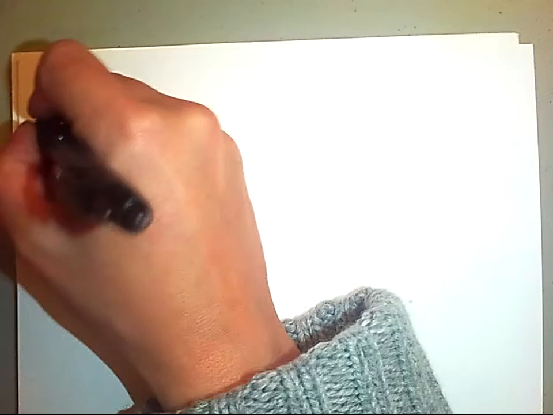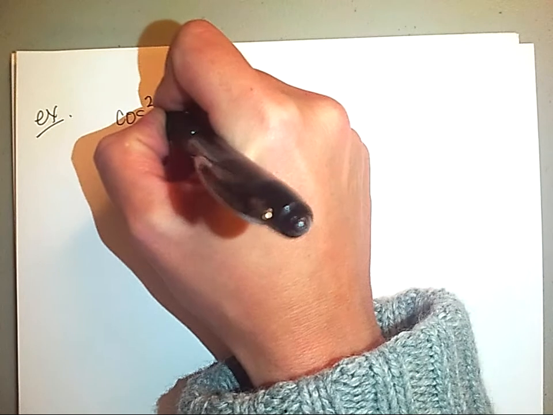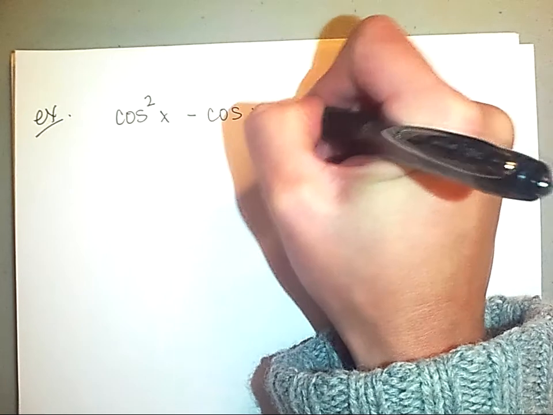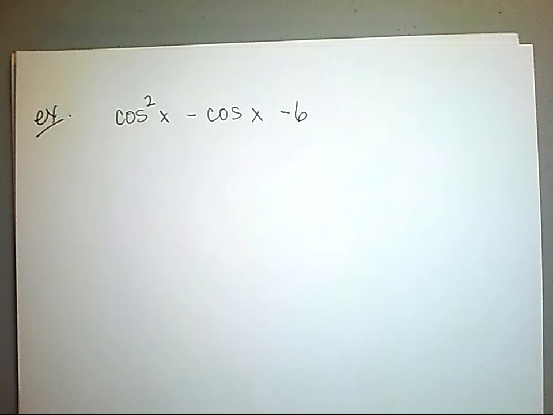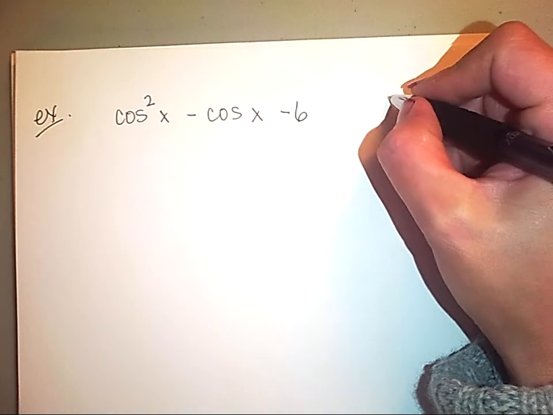We can also factor using trigonometric functions. So, for example, say we have cosine squared x minus cosine of x minus 6. What we could do is a u substitution here.